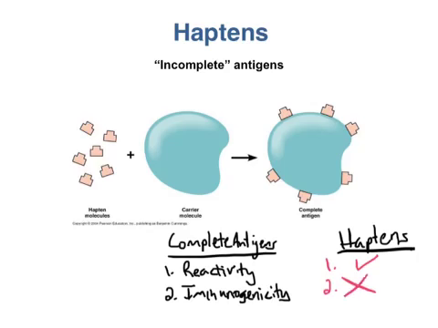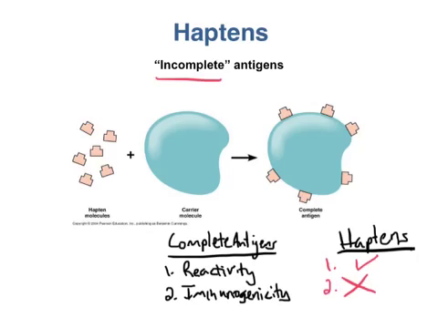So haptens are referred to as incomplete antigens. They can interact with a B cell or a T cell, but they're really just too small to look like a threat to the B cells and T cells. They're too small to stimulate an immune response. So usually these haptens are very small molecules.